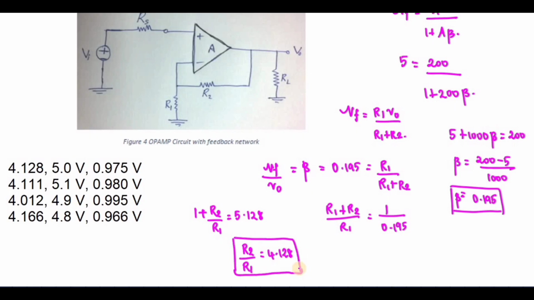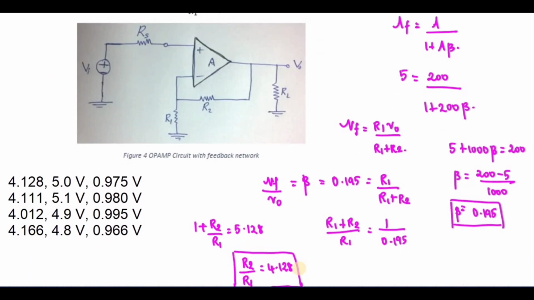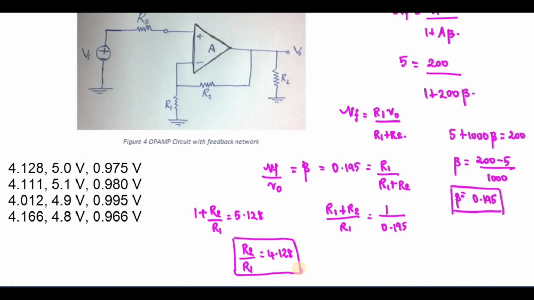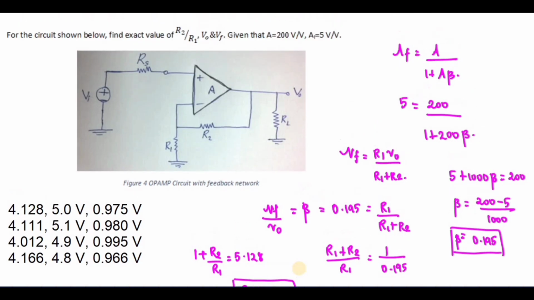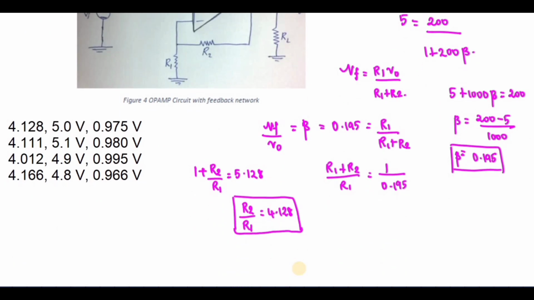Once I find out the value of R2 divided by R1, you substitute it for Vf and V0, only they are asking. Beta is equal to Vf by V0, and the Vf value is always less than the V0 value.